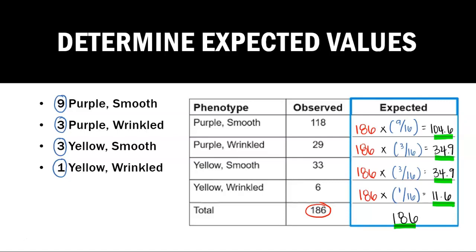So you're gonna notice that my totals match, right? 186. That's a quick check that you should do at the end of your math when you're getting those expected values. Most of the time, they're gonna give you the expected values, and so you won't even have to go through all of this, but hey, maybe you will. We don't know, right? That's why I'm showing you how to find these right now.